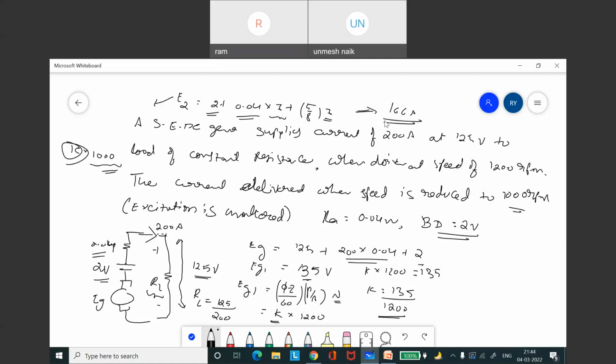So it decreased when compared to the earlier case. So the terminal voltage will be changed. It won't be the same. Okay, then yes, sir. Got it.